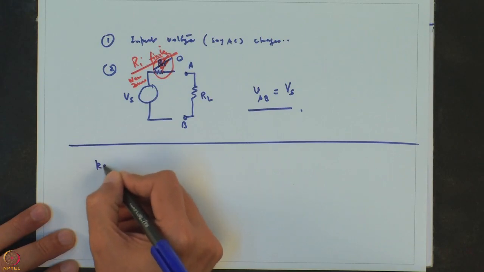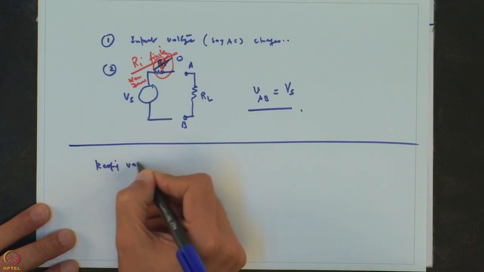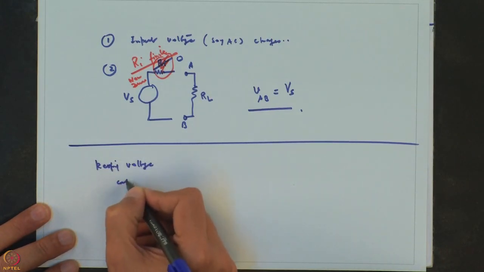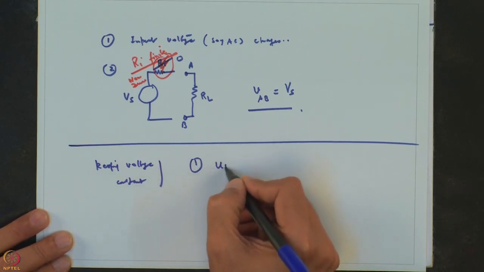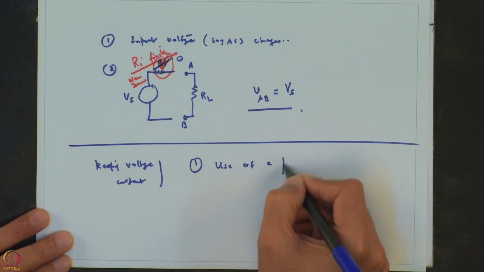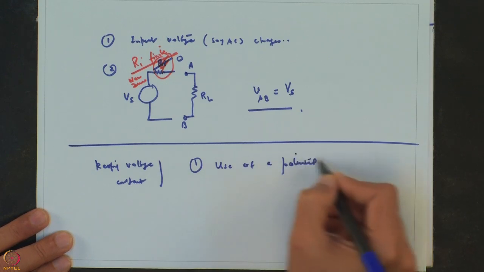Now, there are some passive and some active ways of doing voltage regulation. Some of the very basic ways of keeping the voltage constant are, for example, the use of a potential divider system.